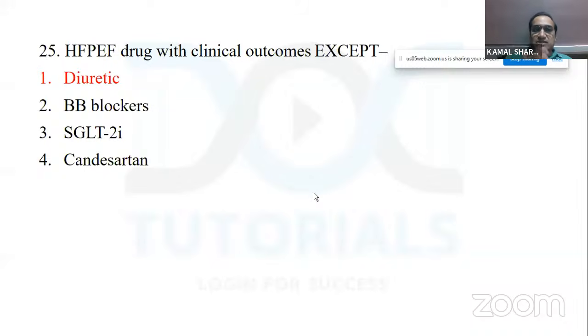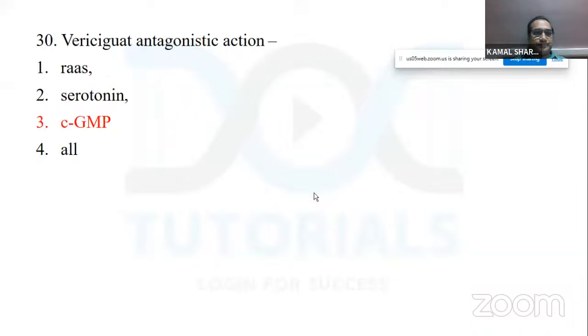So you have trials which have looked into beta blockers, SGLT2 inhibitors and ARB in the subset of HFpEF in terms of clinical outcomes like reduced hospitalization, reduced symptoms and improvement. But do diuretics lead to clinical outcome improvement? No, there are no trials. So when your question is framed against clinical outcome in HFpEF, what does not reduce clinical outcome are diuretics.